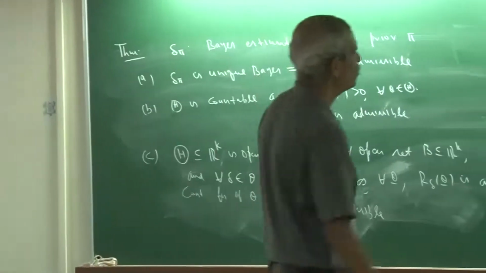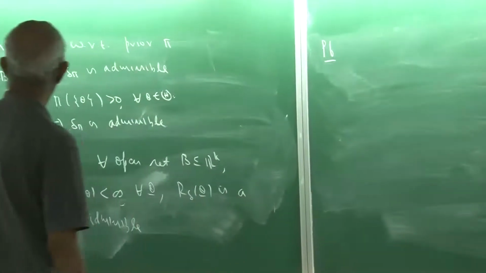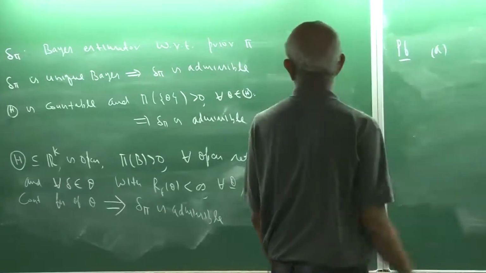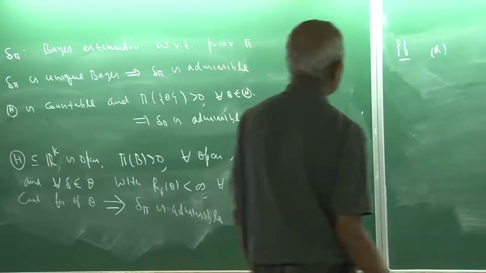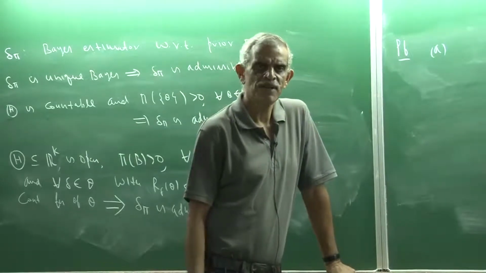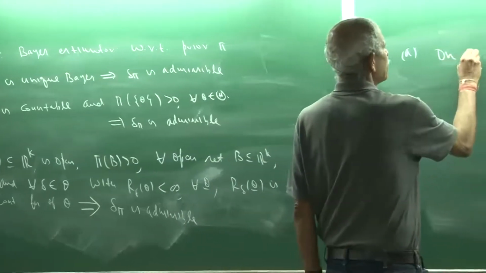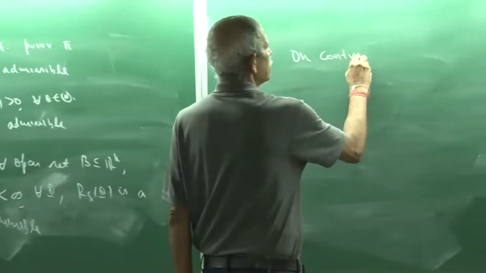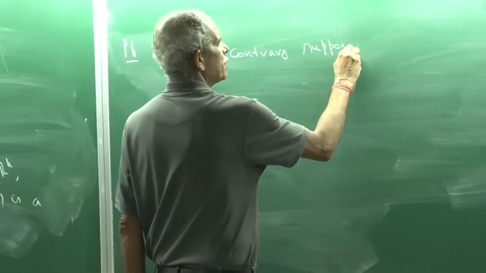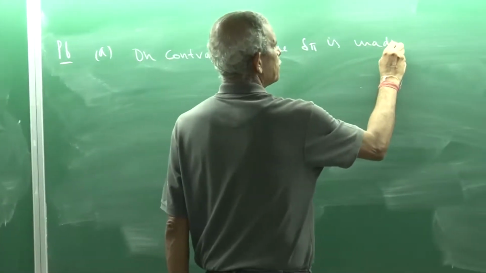So let's quickly go through the proof, which is not difficult. Part A just follows by contradiction. Suppose delta pi is not admissible. On the contrary, suppose delta pi is inadmissible.